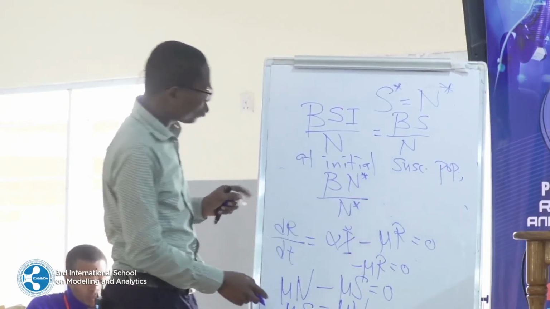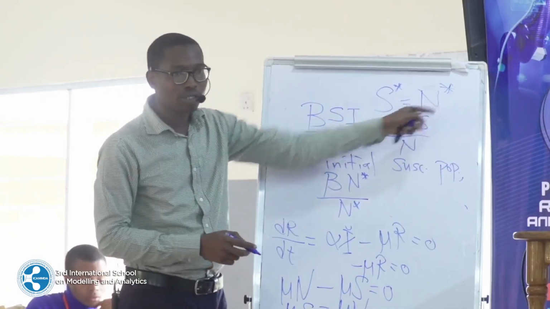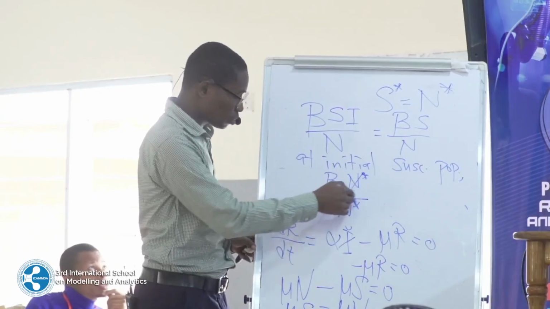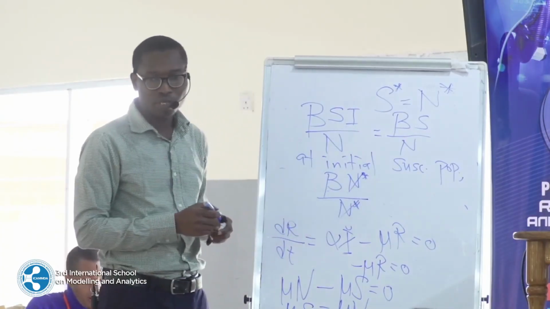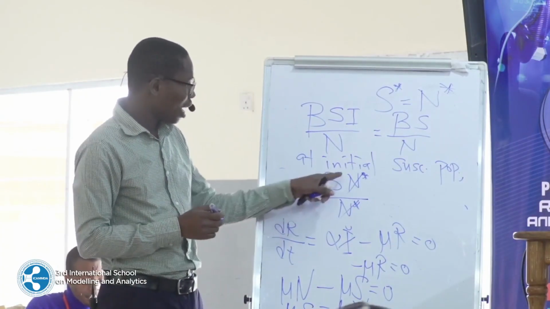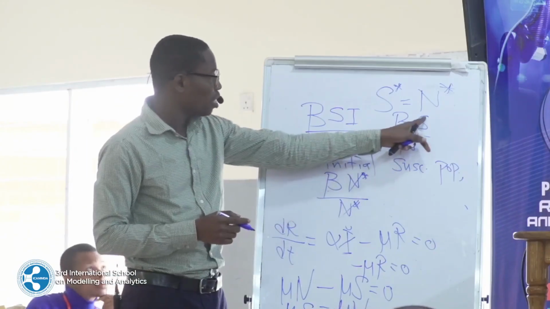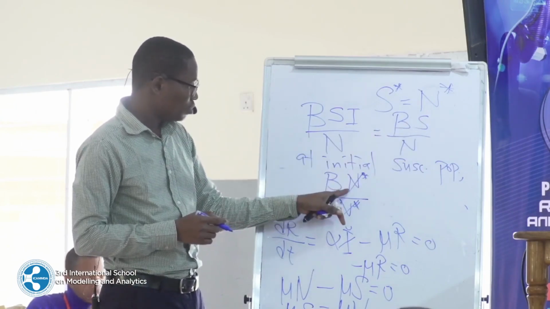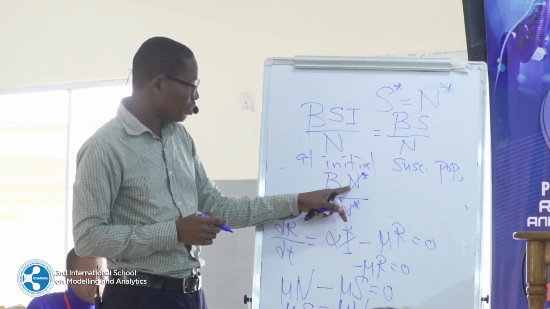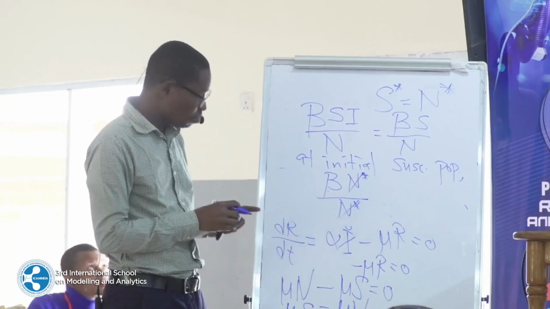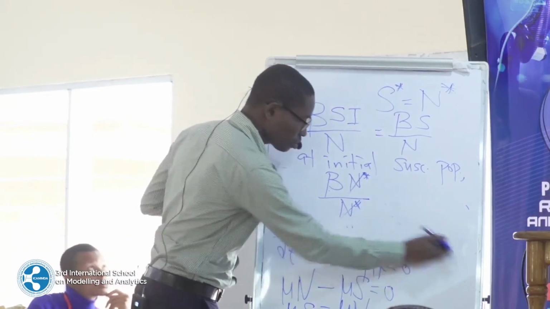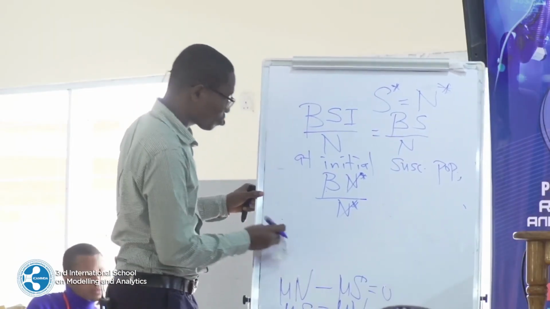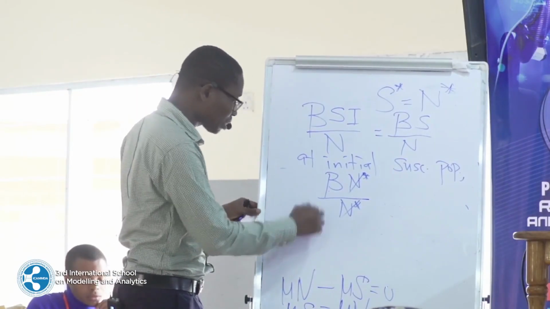Remember, S star equals N star. So we can substitute that, and we have beta left. Is that clear? At the initial susceptible population, S star equals N star, so in place of S star we replace it with N star, and then we have beta there.